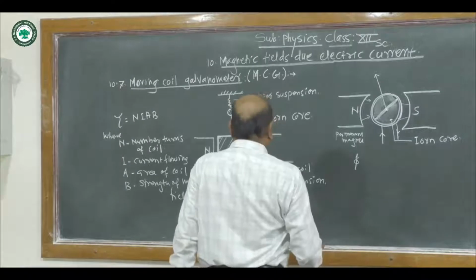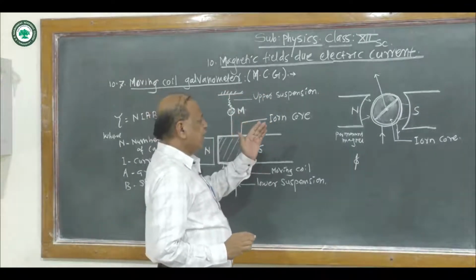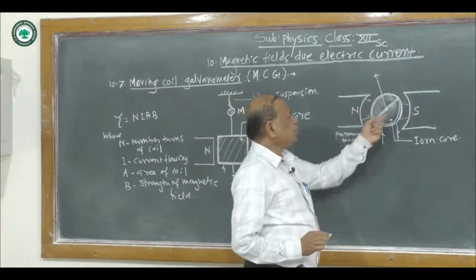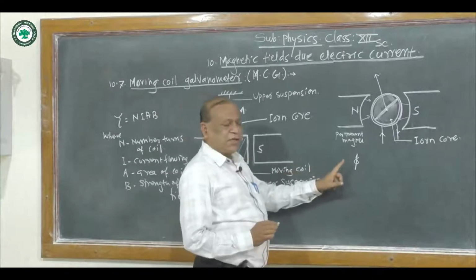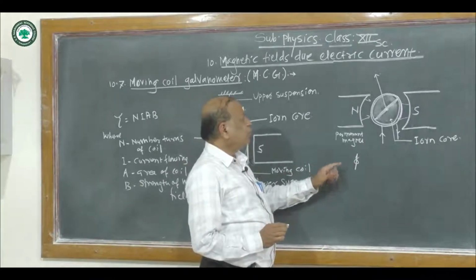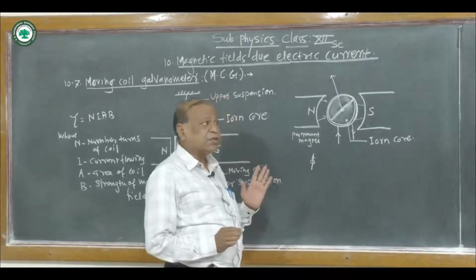Now what is the principle of the moving coil galvanometer? As the current flowing through this coil increases, the deflection produced by the coil also increases.